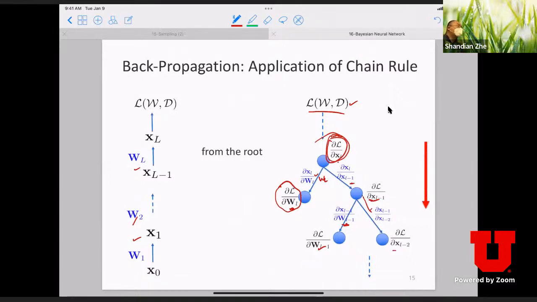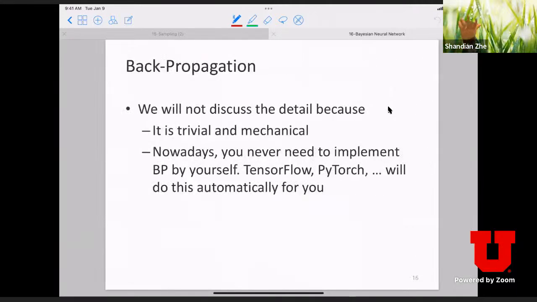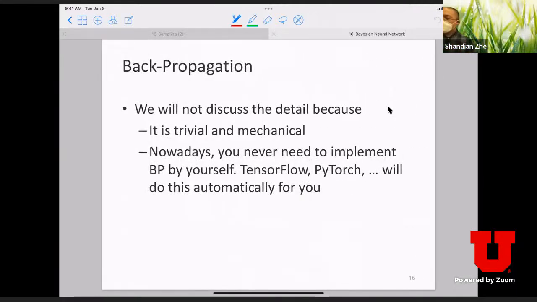Does it make sense? This is just a brief description of how we conduct backpropagation. But we're not going to cover details because of the time, right? We will not discuss details because it is quite mechanical and trivial. And more important nowadays, you will never need to implement backpropagation by yourself.